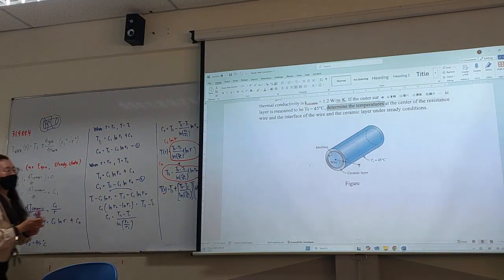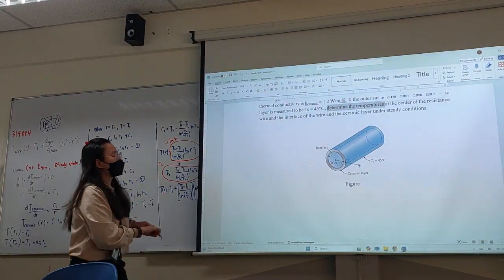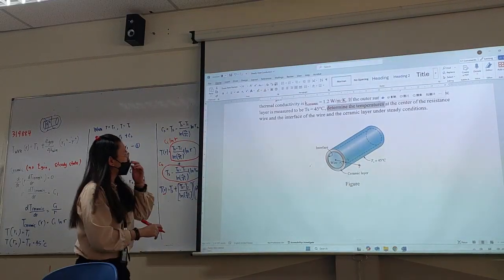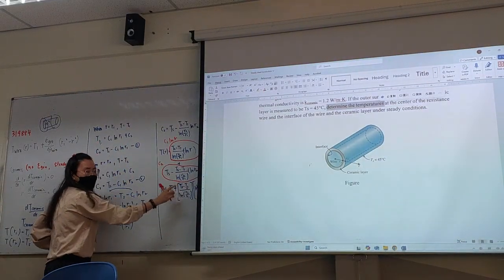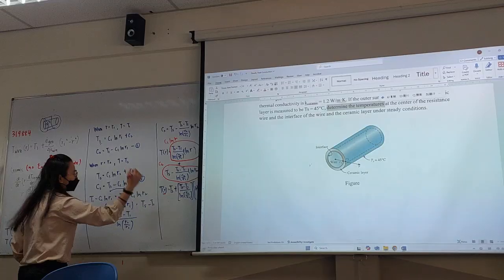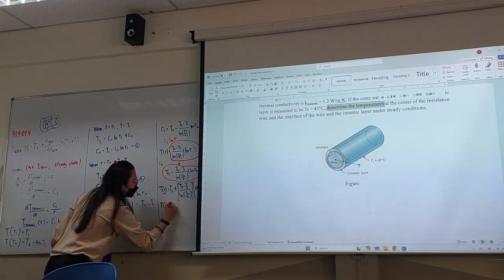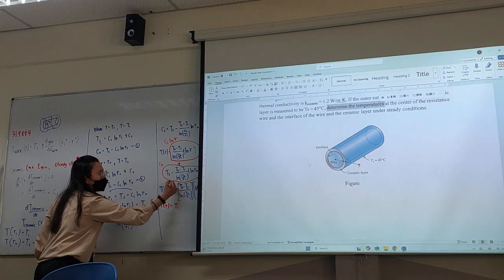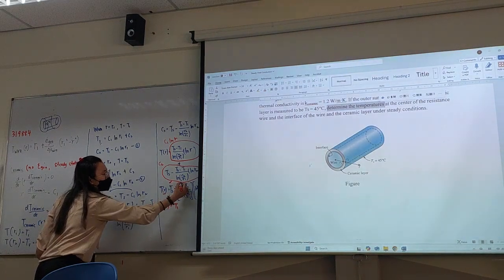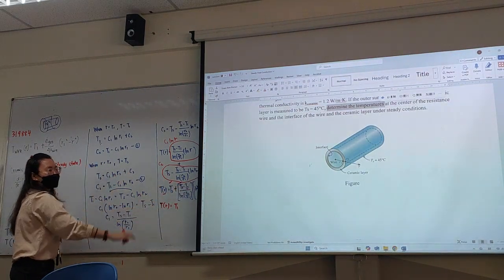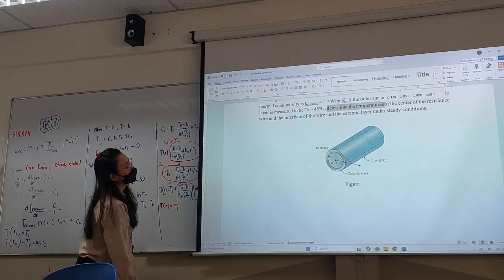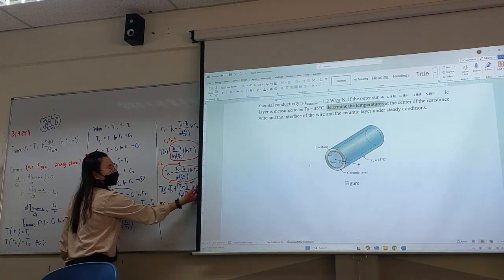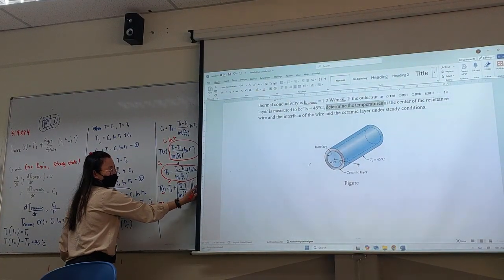The question said determine the temperature at the center. So for the center, you assume that T(R) now equals T1 and substitute inside the equation. The surface temperature you know. R is the one you want to know.